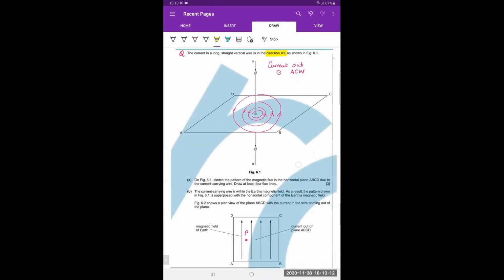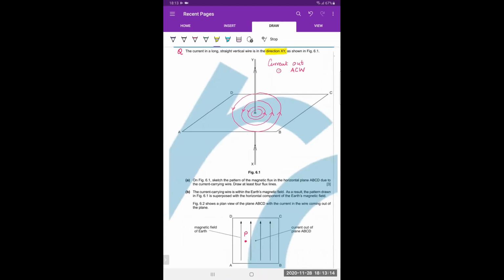Sorry यार, ये वाला एक देख लो, फिर मैं conclude कर दूंगा. So the current is flowing in the direction x to y as shown in figure 6.1. The first part में sketch the pattern of the magnetic field in the horizontal plane ABCD due to the current carrying wire, and draw at least 4 field lines. ठीक है, so first part तो simple है.